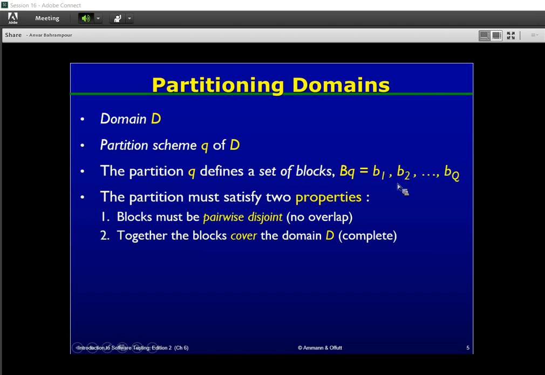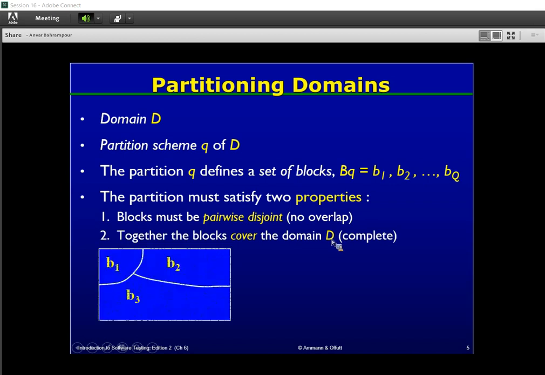Each pair of these blocks have no values in common, which defines disjointness of a pair of blocks. So the blocks must be pairwise disjoint in this partitioning technique, and together the blocks cover the domain. All blocks together should constitute the domain completely.